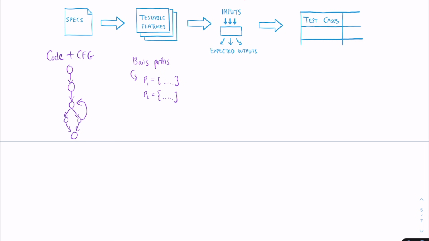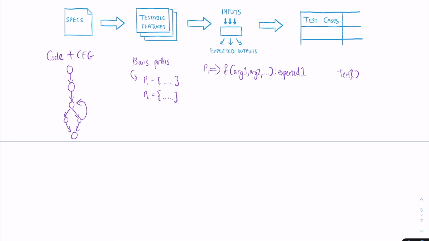And the inputs and outputs which we need to define are, given each one of the paths, for example P1, we want to choose the right arguments and determine what is the correct expected output for each one of the paths that we have demarcated. And finally, with the inputs and outputs defined for each of the paths, we can finally write the test case.